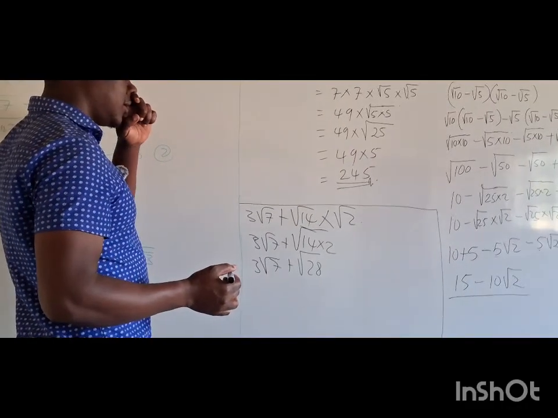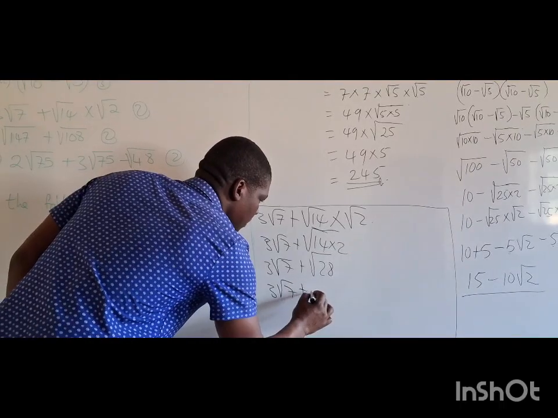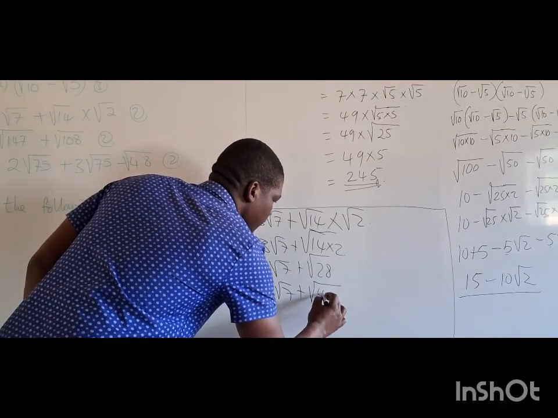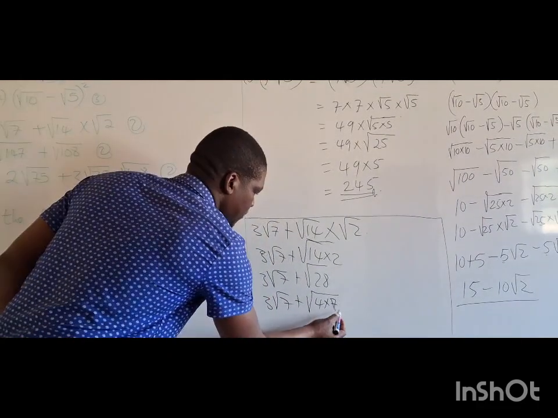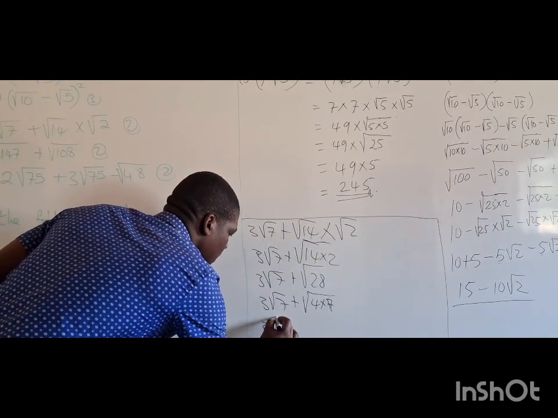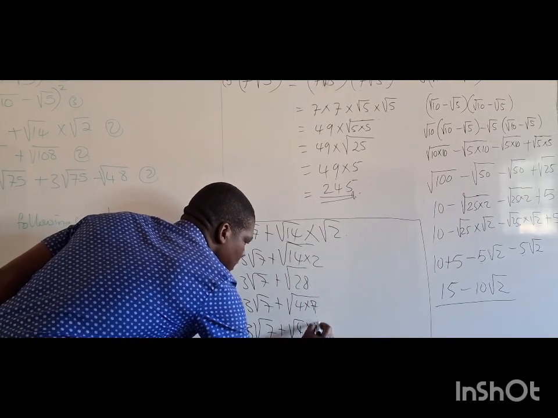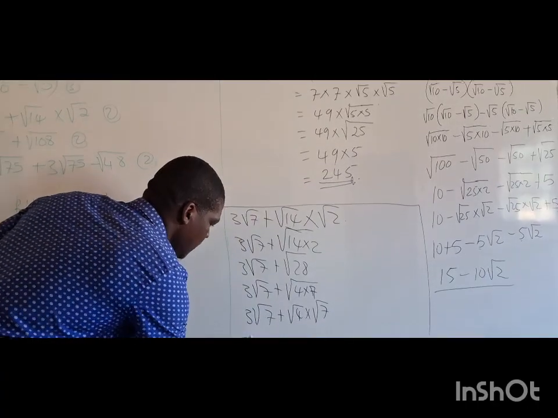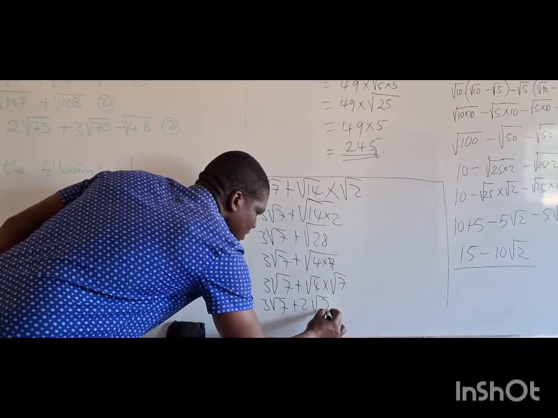So 28, we can write it, root 28, you can write it as 4 times 7. So we can split this one, having 3 root 7 plus root 4 times root 7. Then we are saying 3 root 7 plus 2 root 7.